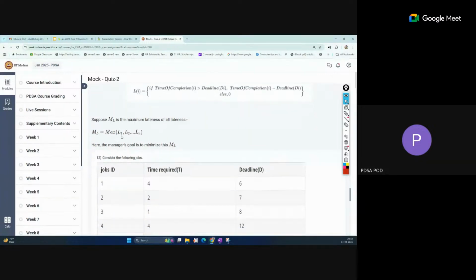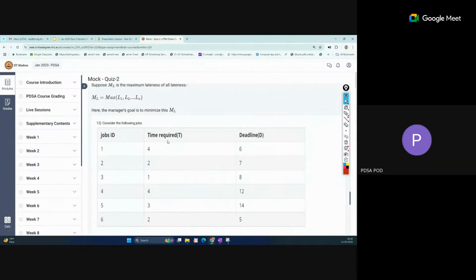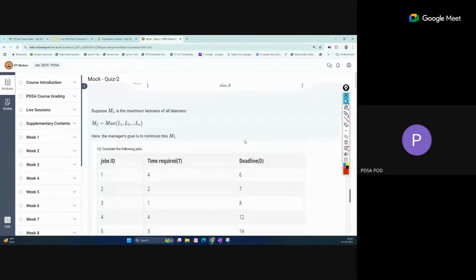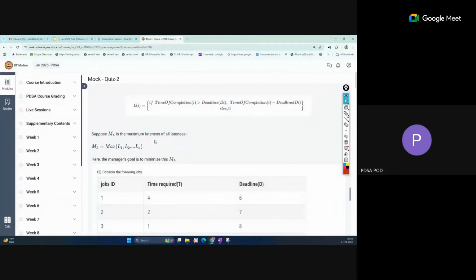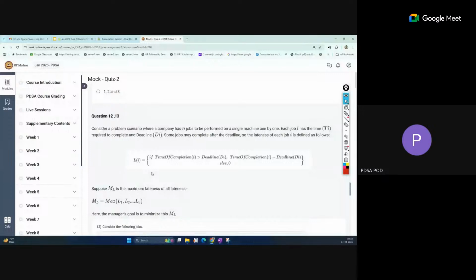Here the time required is given, the deadline is given, and the formula is also given for the lateness. If the time of completion is greater than the deadline, then lateness equals time of completion minus deadline. Otherwise, zero.